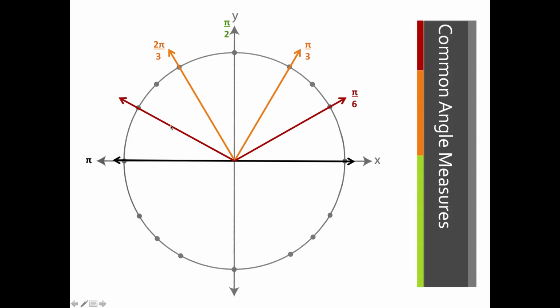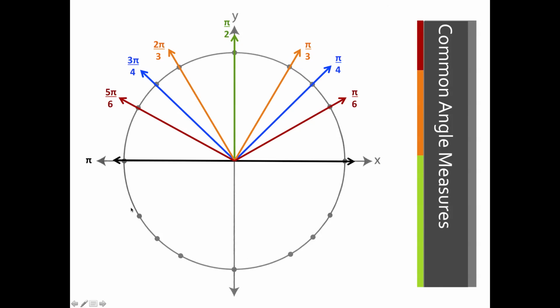And then I finally get one more section here that has not been labeled, and that puts me at 5 pi over 6. And then finally the last section here would take me all the way over to pi again, because that would be 6 pi over 6. So when we put it all together, your top half should look like this.